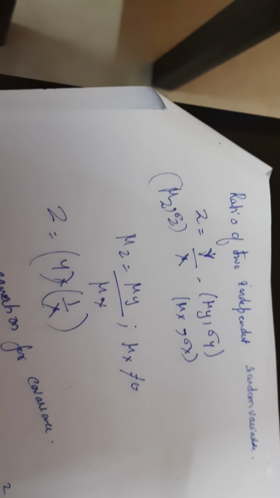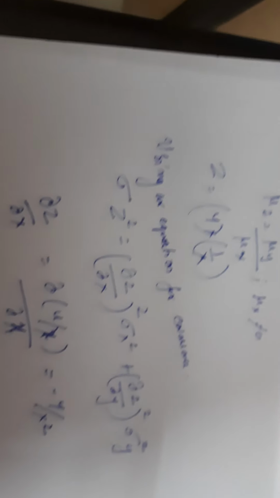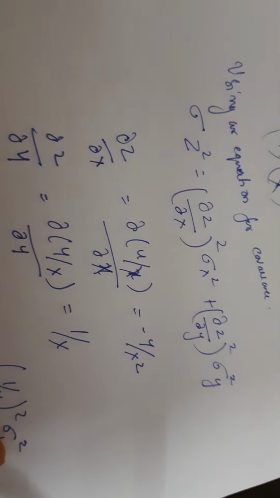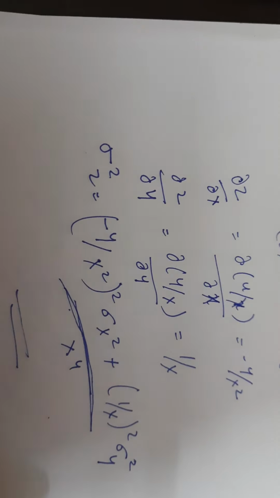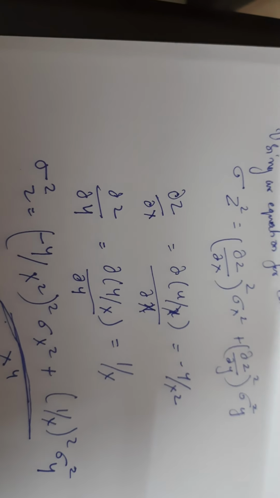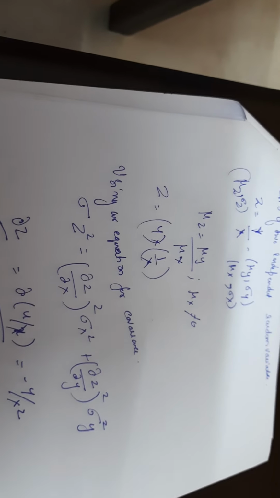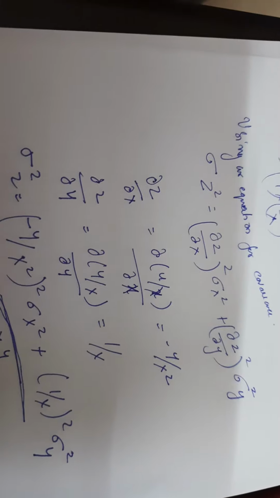And in case of a ratio, if one is divided by the other, how is the propagation of variance related? That also you can see. I have put it up here. So in case of two independent variables, how do the product, sum, difference and ratio vary? All these things are worked out here, you can see that.